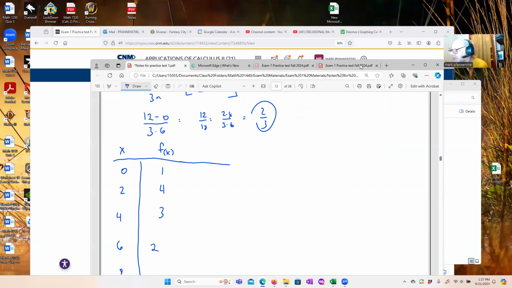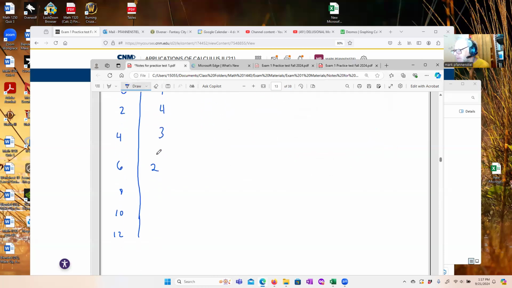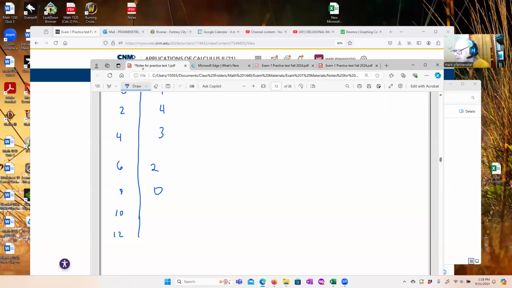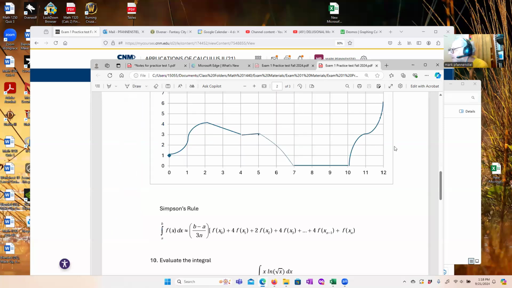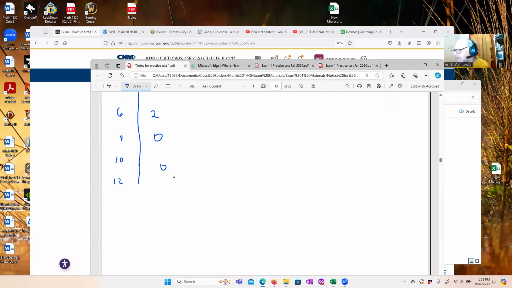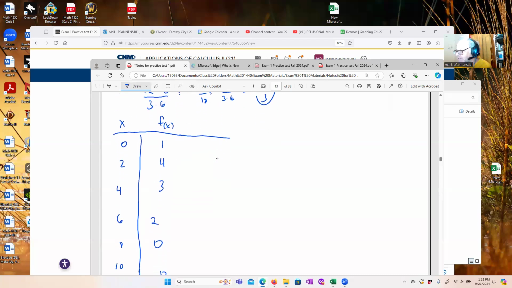When x is 8, the function value is 0. When x is 10, our function value is still 0. And when x is 12, our function value is up here at 6. So those are our function values for each of our x's.